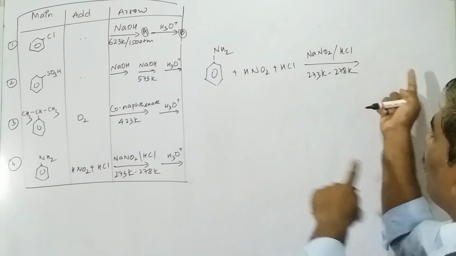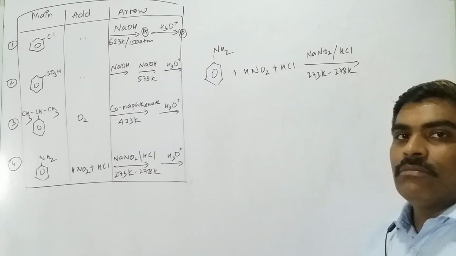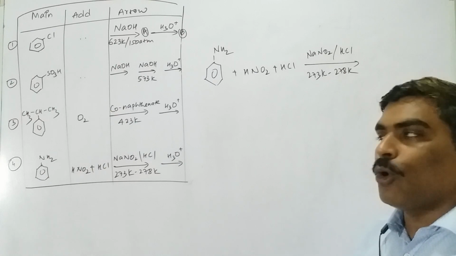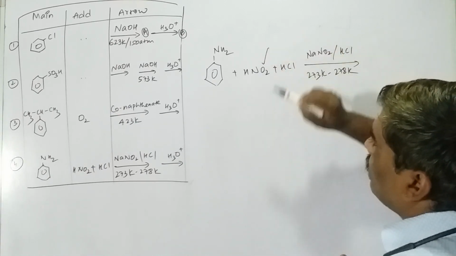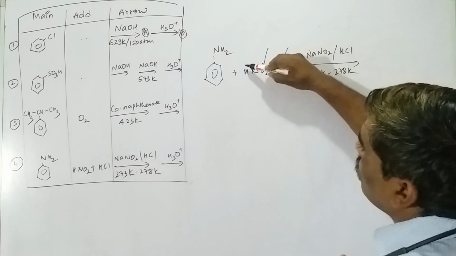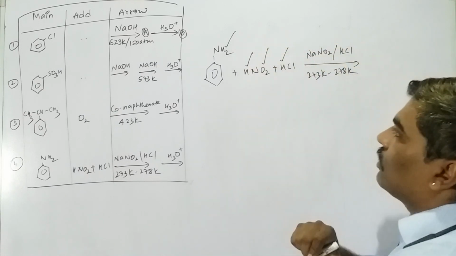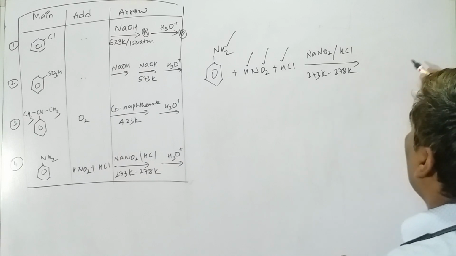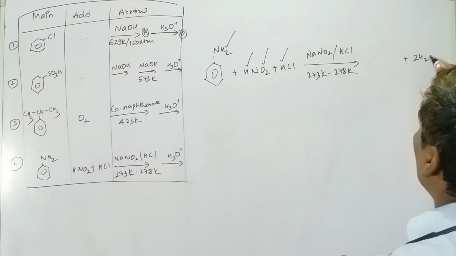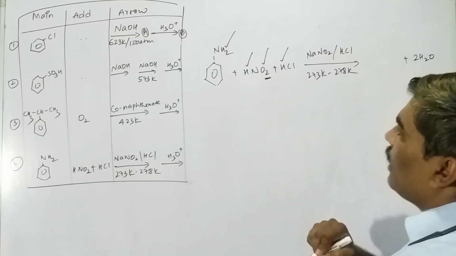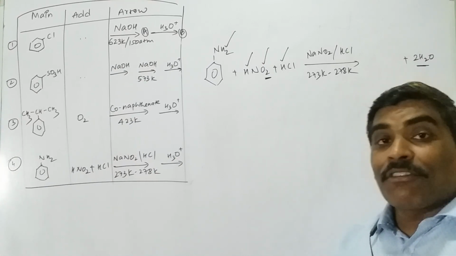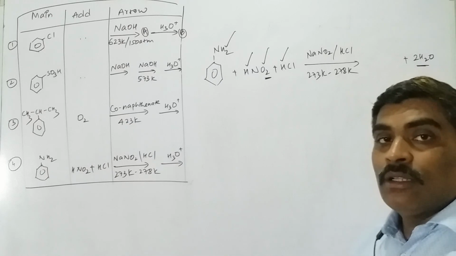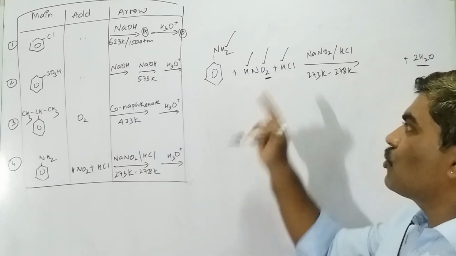Okay, now we'll see how we get this benzene diazonium chloride. See, oxygen is there, this oxygen and hydrogens, they form 2H2O. Two oxygens are there, so 2H2O. After the formation of water, what remains? You just check.